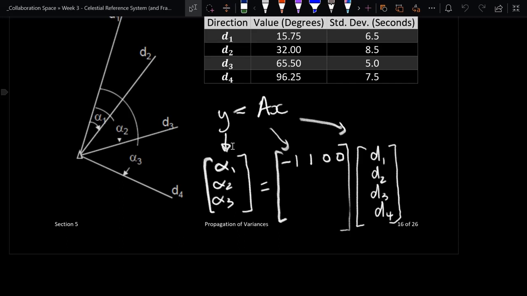Our second internal angle, alpha 2, is computed as the difference between direction 3 and direction 1. So again, we would have a minus 1 here for direction 1, no direction 2, 1 for direction 3, and no direction 4.